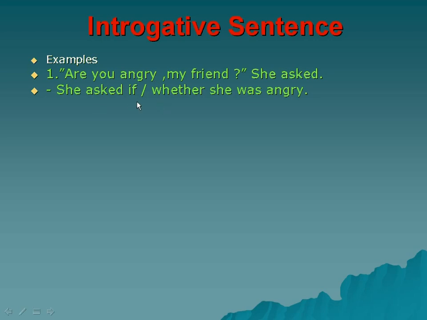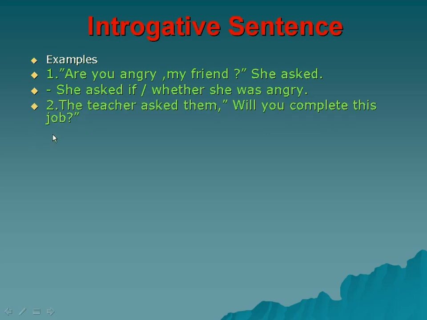We take if or whether as a connective word because this is a yes/no type question. We take she as the pronoun subject, and was. In this way we can make indirect narration of a yes/no type question.